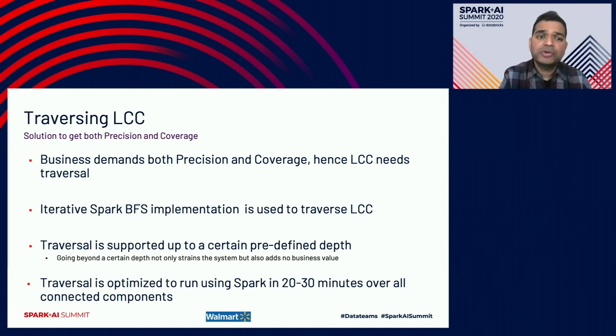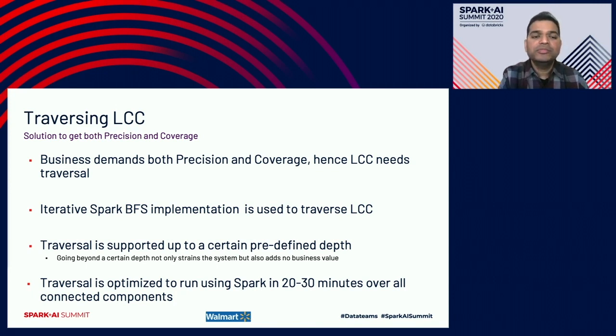The second part of the problem is traversing the large connected component. As businesses and use cases demand both precision and coverage, irrespective of whether the customer is in a small, precise connected component or becomes part of a large connected component, we should still be able to traverse and get the data.